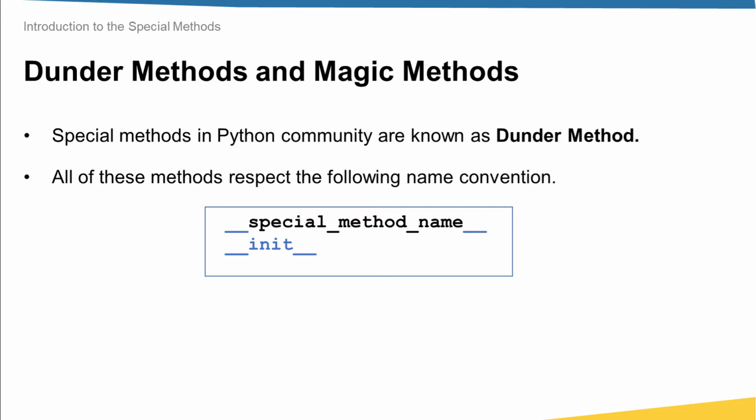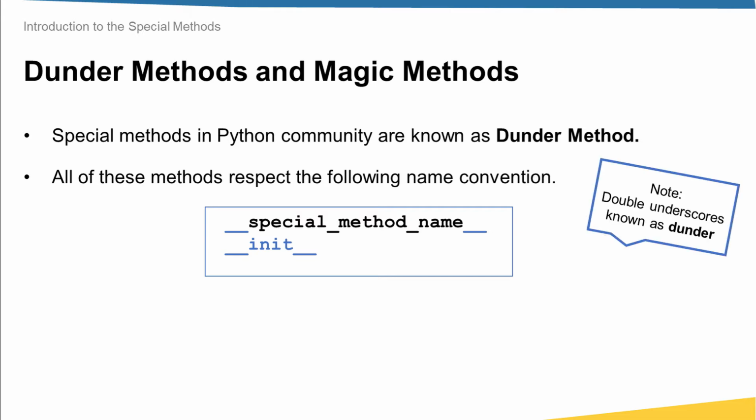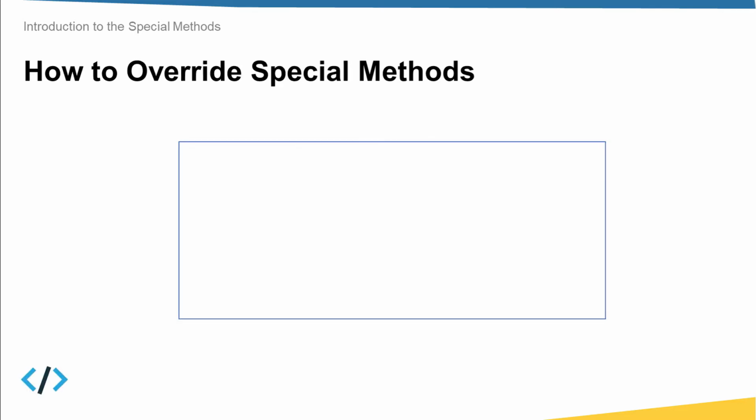For shortcut purposes, instead of saying double underscore, we say Dunder. And for this reason, we call these special methods Dunder methods. Also, just for your info, sometimes we also call these methods magic methods. So whether I say special methods, Dunder methods, or magic methods, all of these refer to the same meaning.